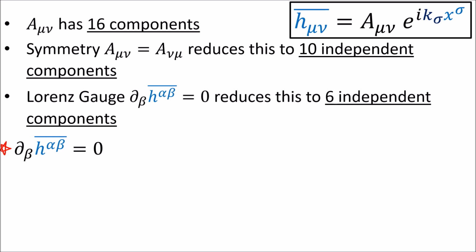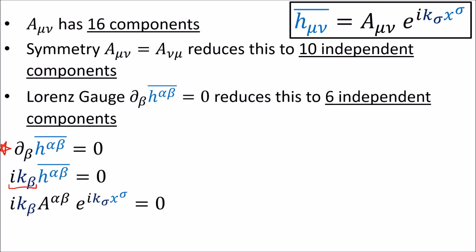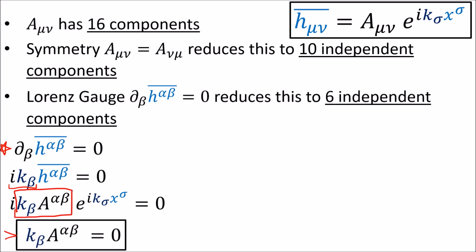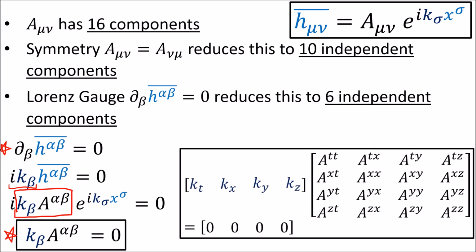This beta derivative acting on the plane wave gives a factor of i times k out in front. And this forces us to take k summed with the amplitude A to be 0. Basically, this means that the columns of the amplitude matrix A must be orthogonal to the row of wave covector components k.